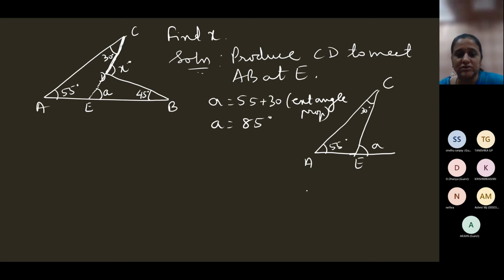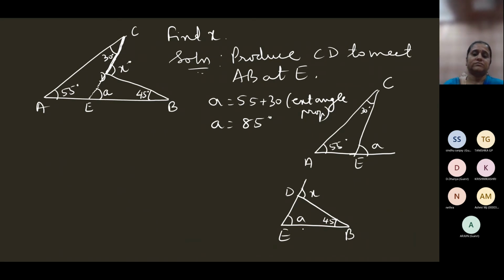Now see the other figure. It's something like this. There's D here, there is E here, there's A here, B, 45 and X. Now tell me, how do you find X?